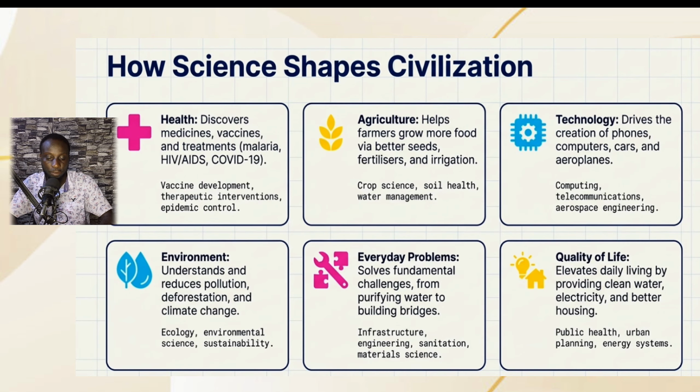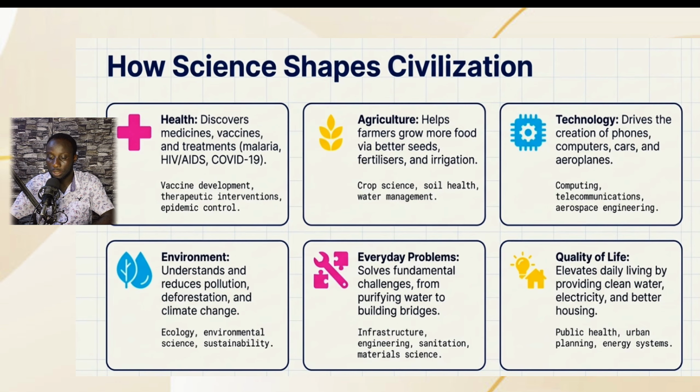Now, vaccine development, therapeutic intervention, and pandemic control have come into play as a result of science. If not for science, I don't think we would be able to live by now in terms of our health.